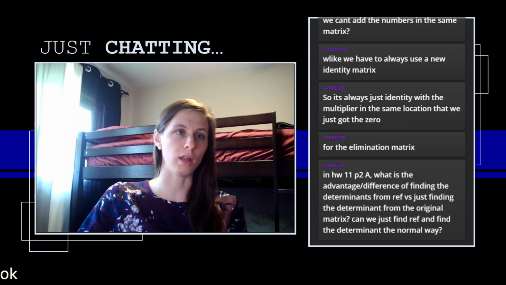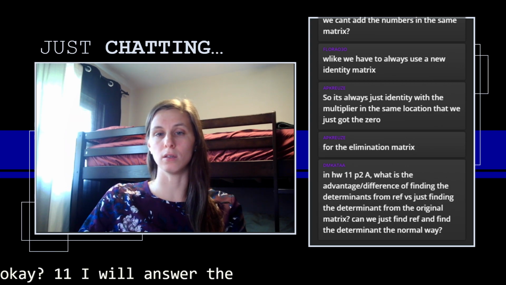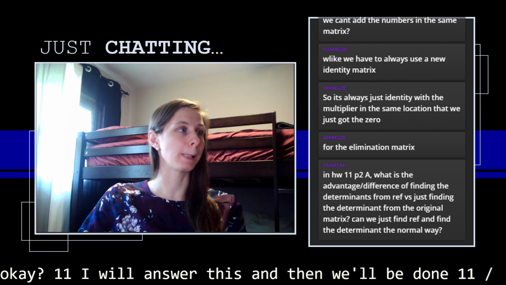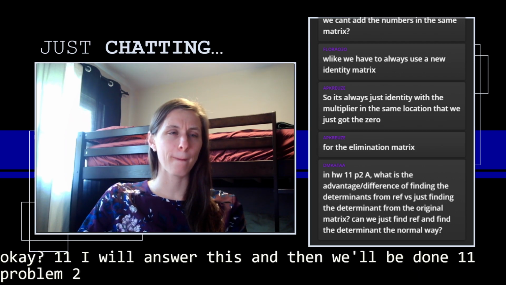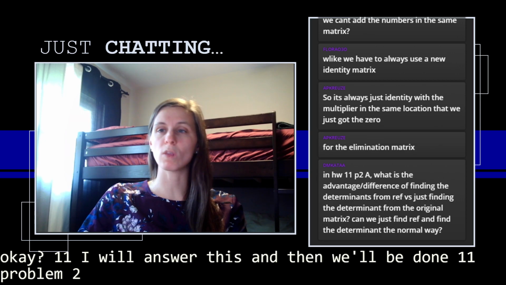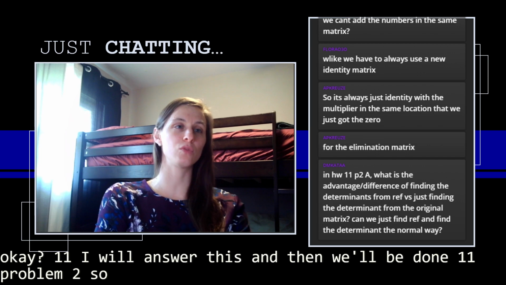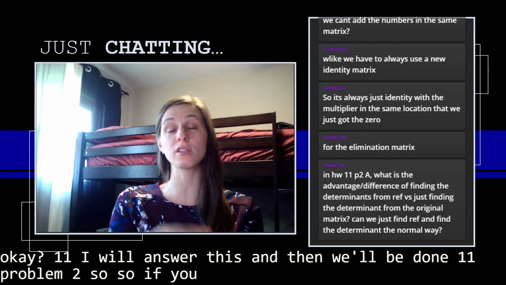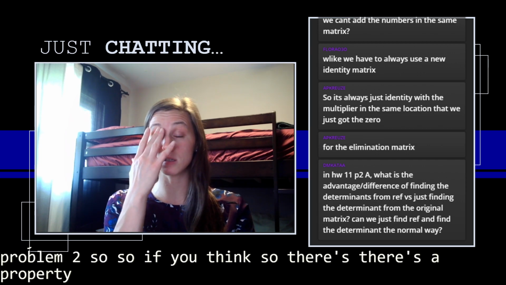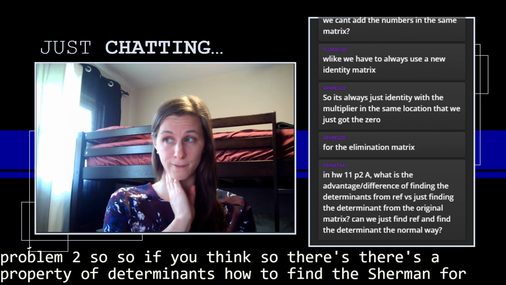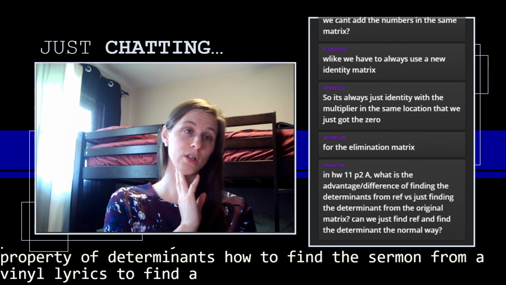Okay, a question on homework 11. I will answer this and then we'll be done. Problem 2. There's a property of determinants for finding the determinant of a triangle matrix.